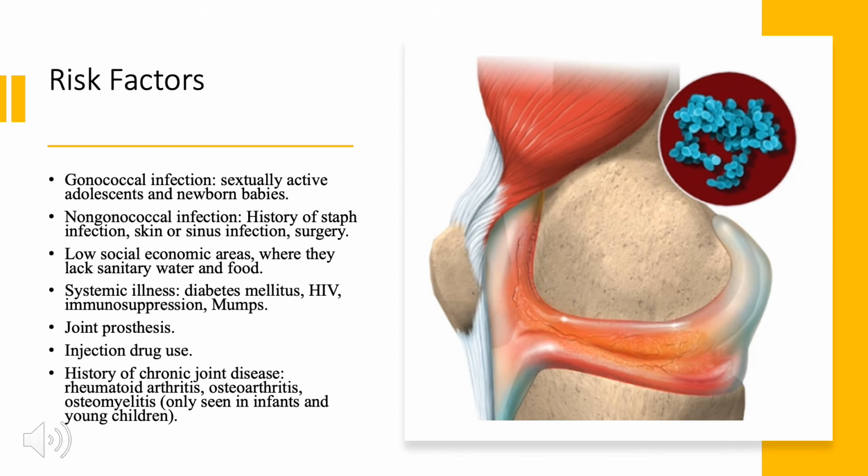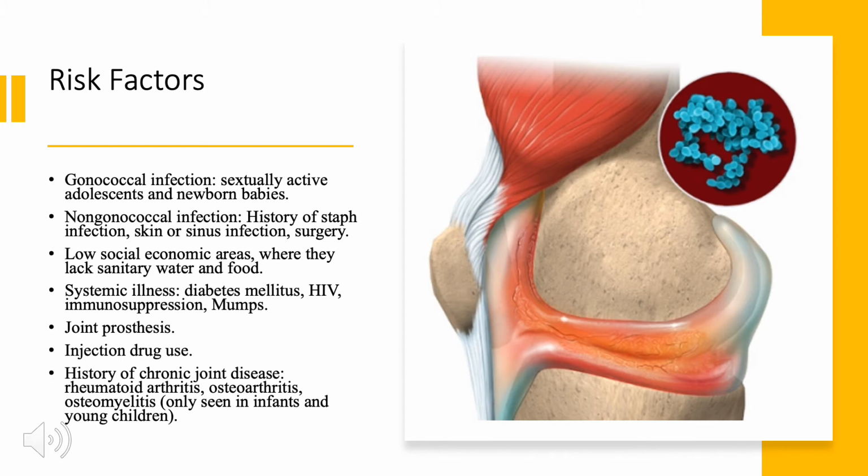Patients with human immunodeficiency virus, or HIV, are more at risk for getting septic arthritis, because not only does it suppress the immune system from fighting infections, another way to get an HIV infection and be at risk for septic arthritis is sharing drug needles with someone who is already infected with HIV.